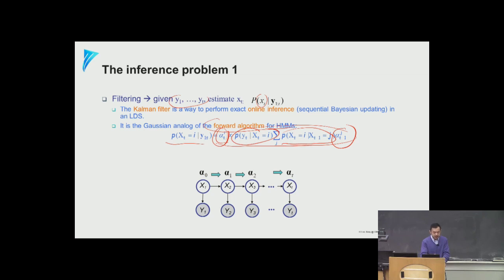Many people don't even realize the connection between the Kalman filter and HMM. In fact, they are the same thing, except that now one is an algorithm corresponding to the forward algorithm in HMM in the continuous space. Some people confuse the Kalman filter as a model. The Kalman filter is not a model.